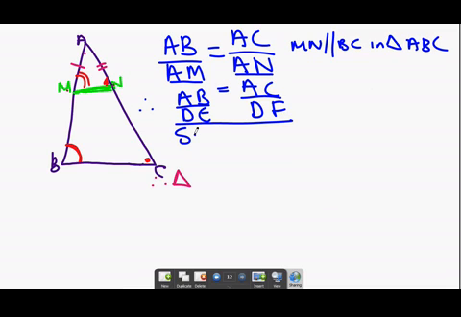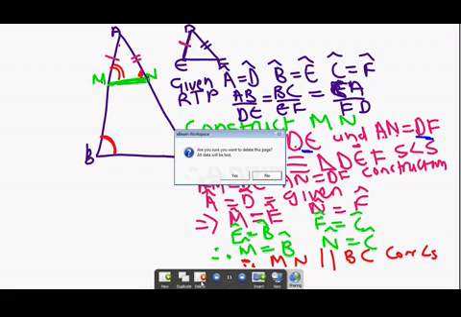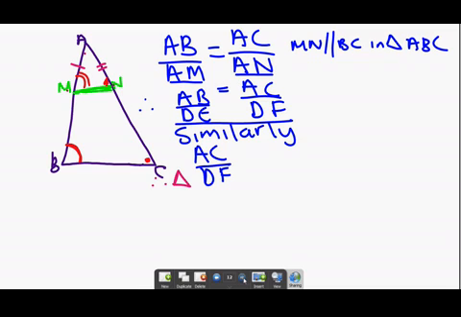Similarly, this is what you would write. Let's go back.